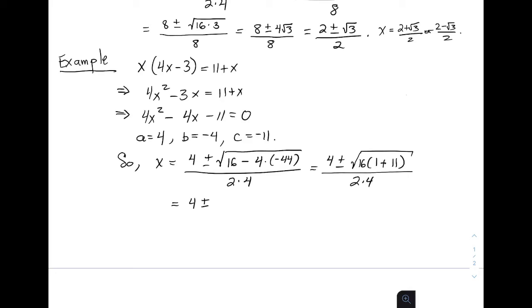which is equal to 4 plus or minus 4 square root 12 over 2 times 4, dividing by 4, gives us 1 plus or minus the square root of 12, which is 2 square root 3, over 2.